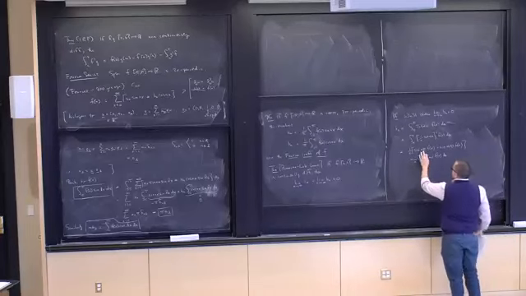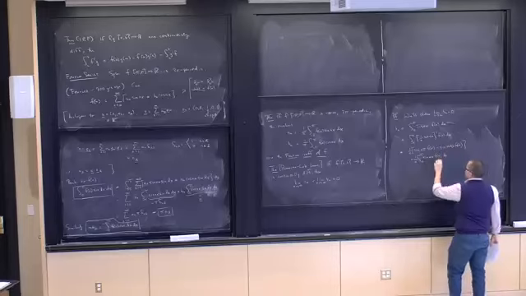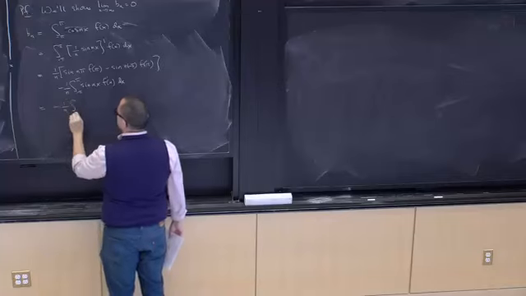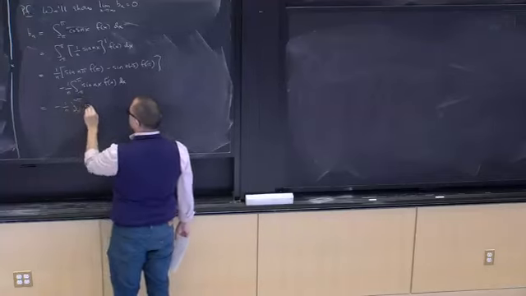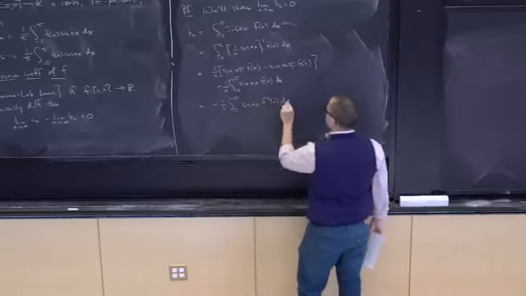Now, sine of n pi, no matter what n is, I get 0. Sine of n times minus pi, I get 0. So this first part drops off. So this is equal to minus 1 over n times the integral from minus pi to pi of sine nx times f prime of x dx.